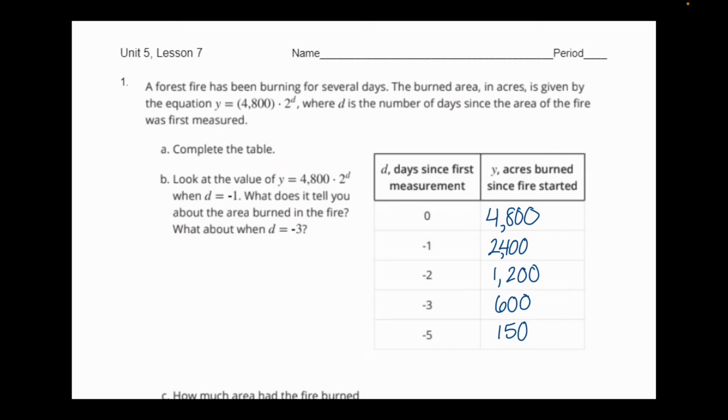Okay, so it's now asking the second part of this question. Look at the value. What does it tell you about the area burned in the fire? And what about when d is -3? So we can respond to this and say, the value y tells us how much was burned.